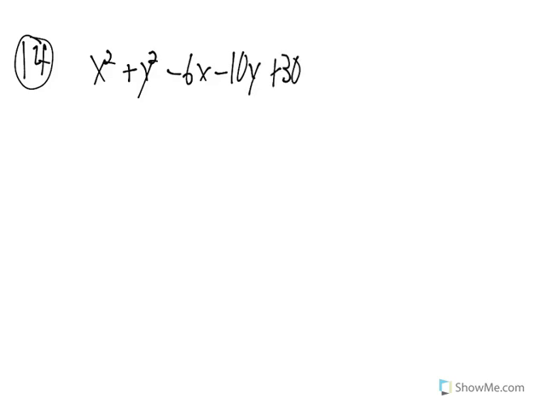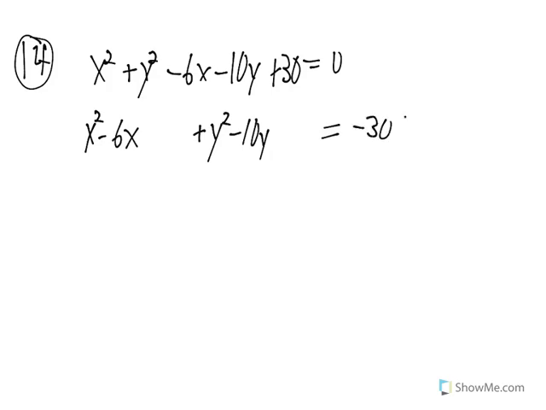Okay, so number 14. Number 14 says find the center and radius r of the circle and then graph it. And they give us the circle in general expanded form here, right? So let's go ahead and complete the square on all this stuff. So x squared minus 6x, leave a little space, plus y squared minus 10y, leave a little space, equals negative 30.